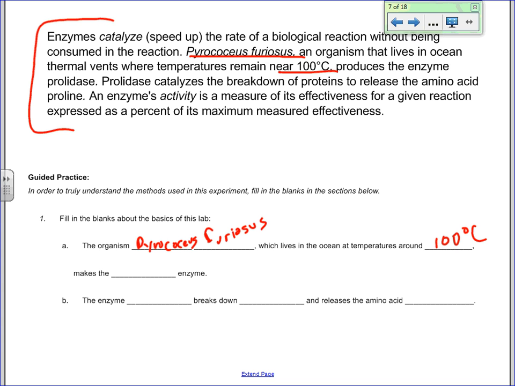Makes the what enzyme? What enzyme are we looking at? Prolidase. Prolidase enzyme. Excellent. You're going to notice that there's a lot of keywords in this: prolidase, protein, proline. It's important to make sure that you keep it straight. Now the enzyme, what enzyme are we referring to again? Prolidase again.